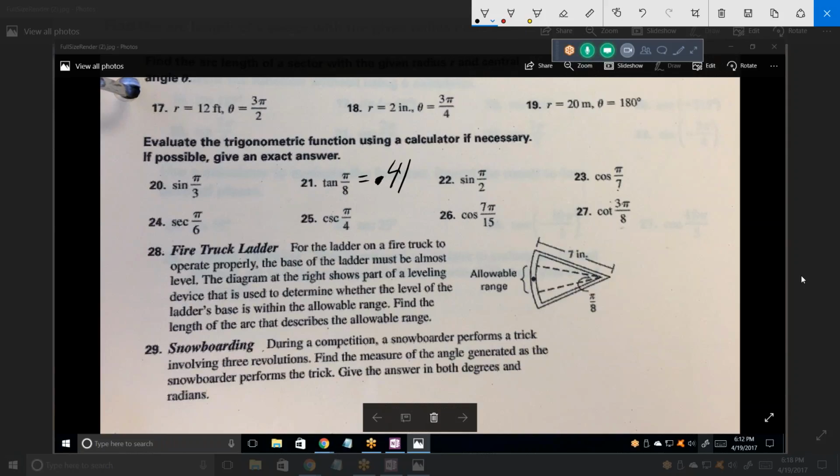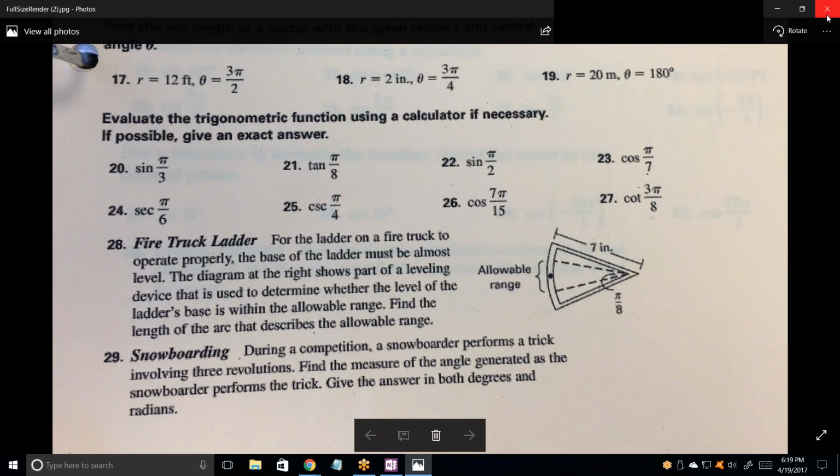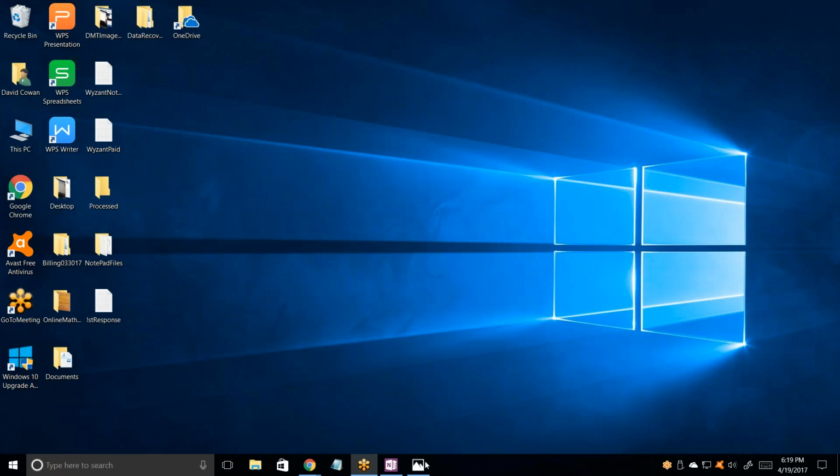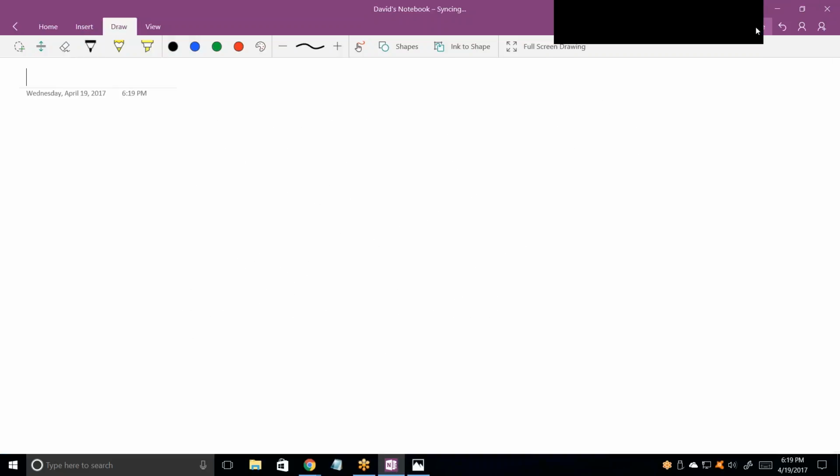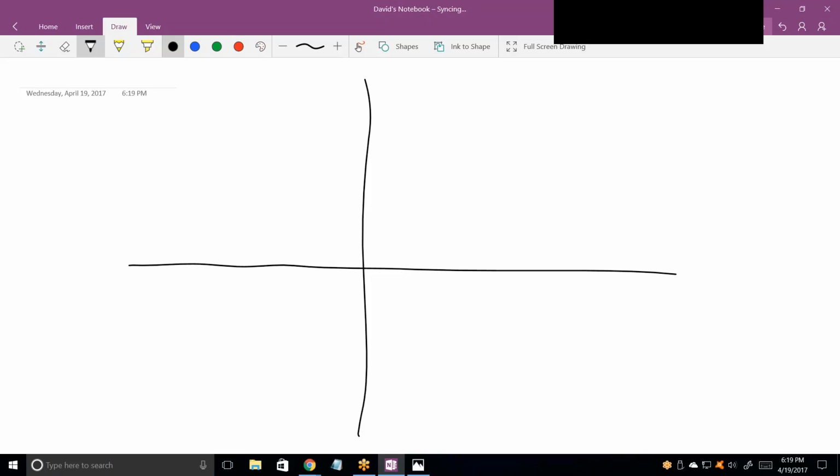Now, sine of pi over 2. So that's 90 degrees. Let me teach you the best way of learning your quadrangles. Learning the quadrangles is important, but it requires me to use the unit circle.